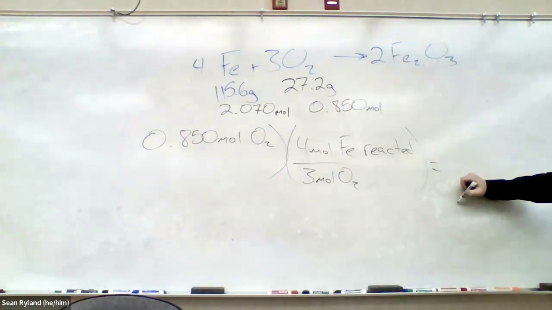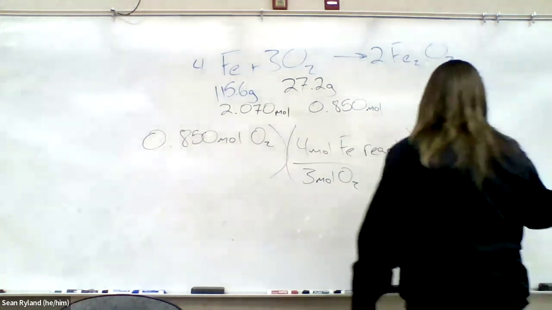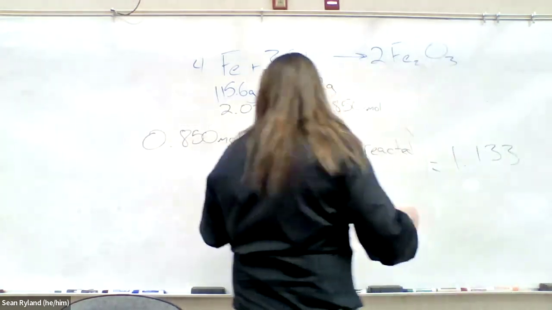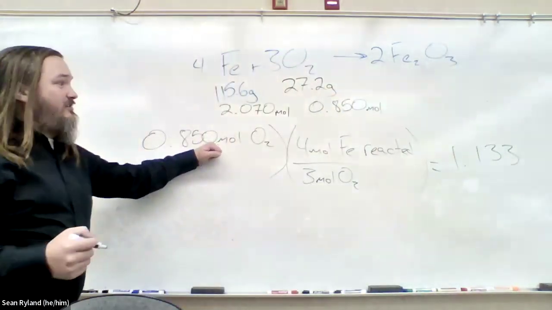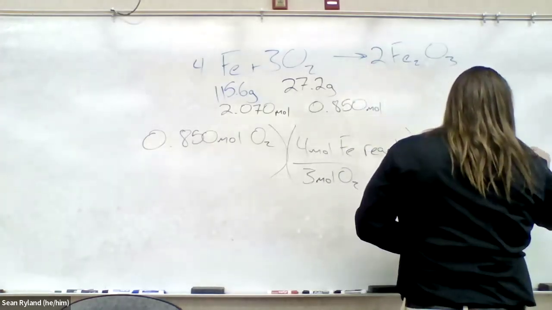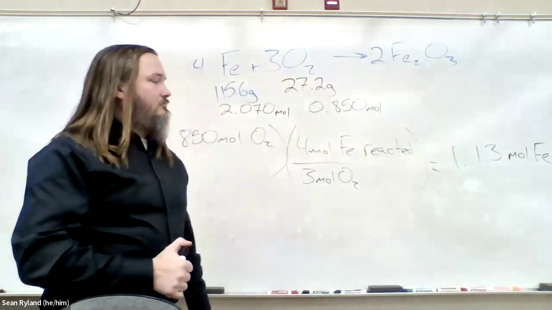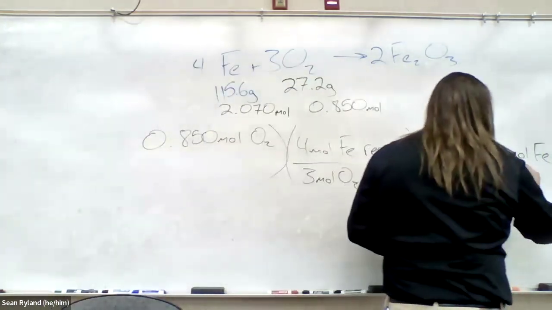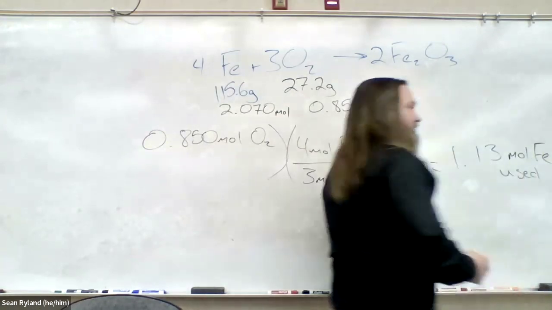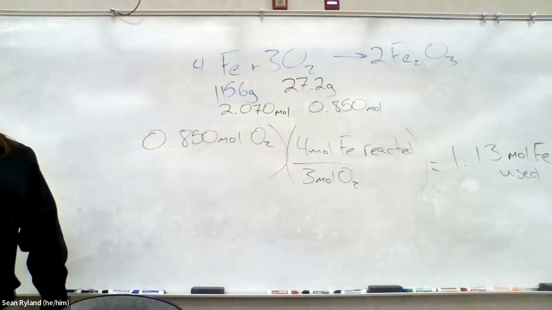So over 3 times 4, it's going to be 1.1 something. And we're only going to keep 3 sig figs though, right? That's moles of iron used. Do we have more iron than that to start with?